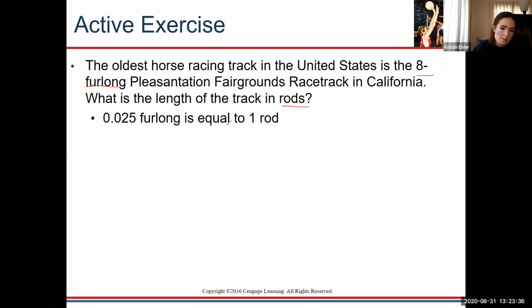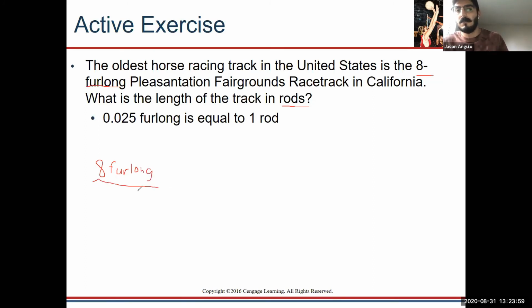Okay, so what am I going to start with, Jason? By making the chart, so you have 8 furlongs total, and then 1 rod divided by 0.025 furlong, because it's 0.025 furlong for each rod.